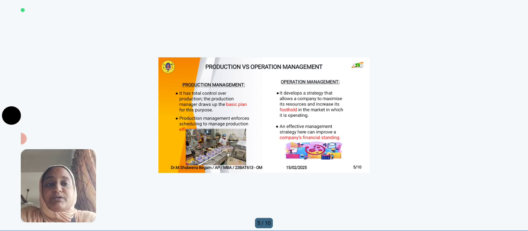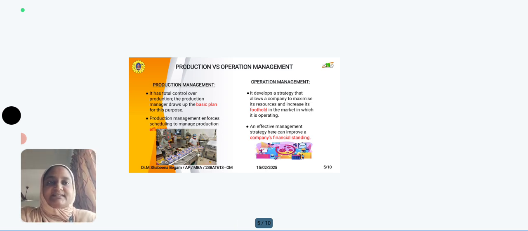So in production management, the basic plan and efficiency are aimed at, whereas in operations management the foothold, the base, is framed.